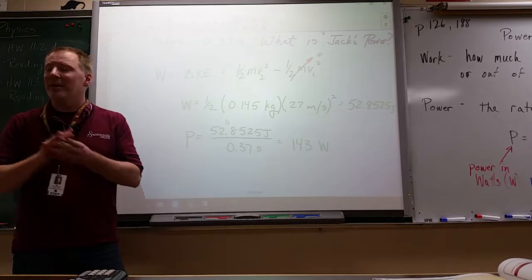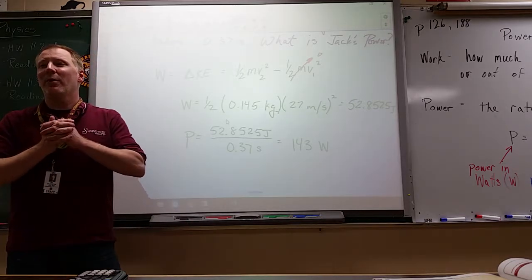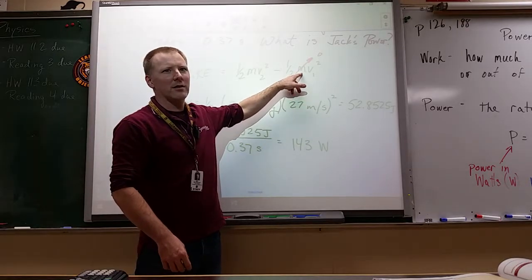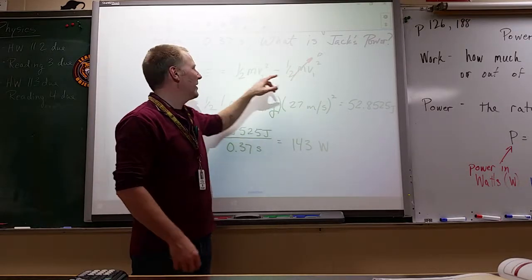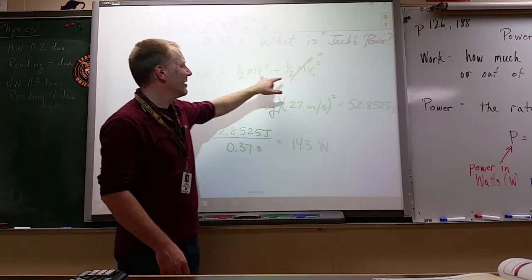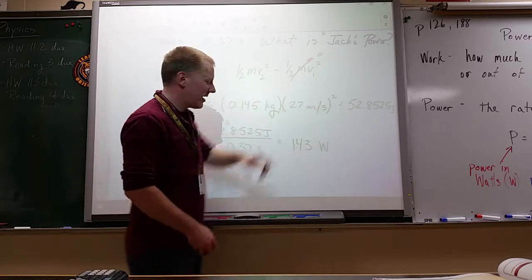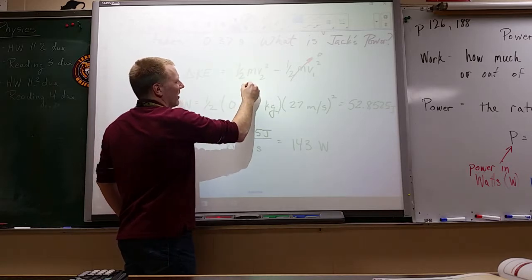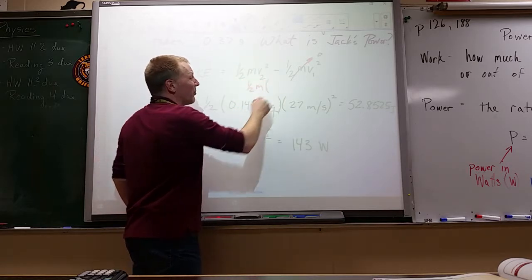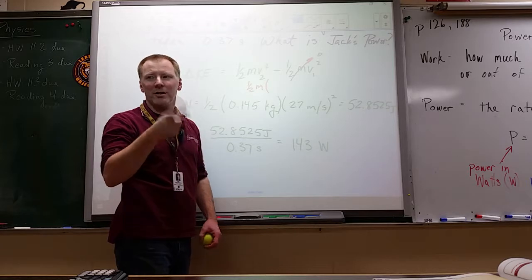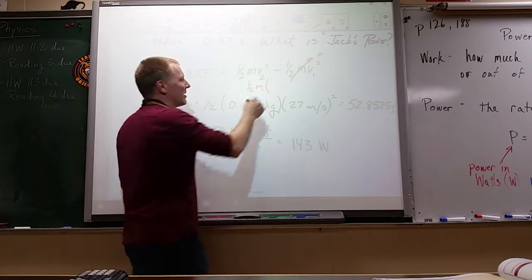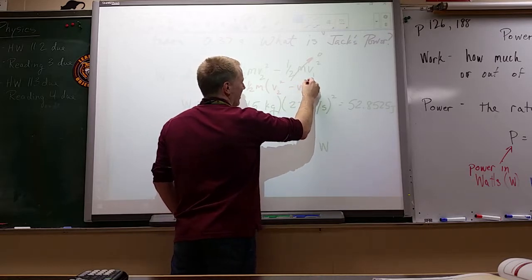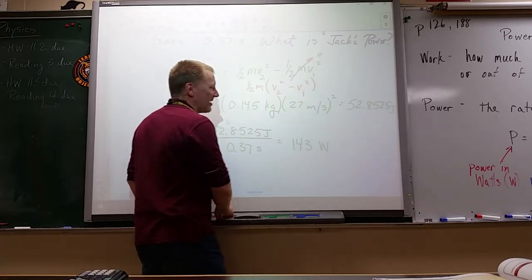If we had something that was, say, speeding up over time, but it already had a speed, we couldn't cross this one out. We'd have to keep it in there. So we'd figure out the second kinetic energy minus the first kinetic energy. If you wanted to do the same trick, we can factor out the 1/2 m, but this is dicey. You can't just subtract the two speeds because we still have a v2 squared minus a v1 squared.